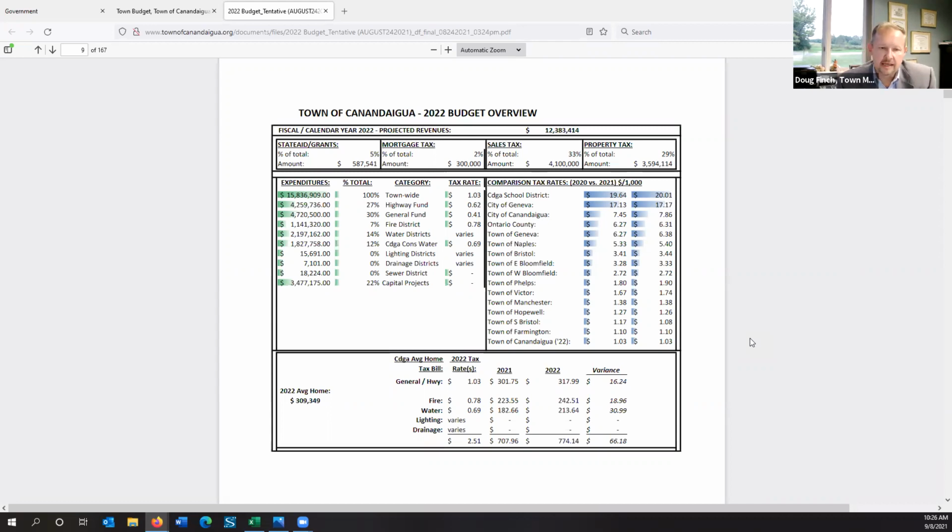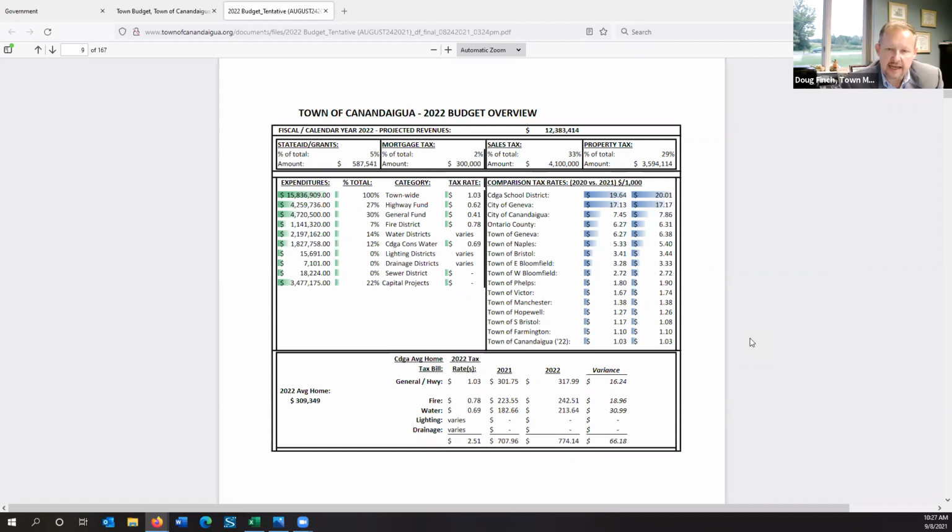Canandaigua Rotary is, I think, how I originally met George Heron, who's a Town of Canandaigua resident. But he had suggested that we include a slide in the budget. This goes back 4 or 5 years ago now, that gives you a budget overview at a glance. And that's exactly what this is designed to do, to take a look at what's going on and have some comparisons, quick, easy to look at where everything is at.